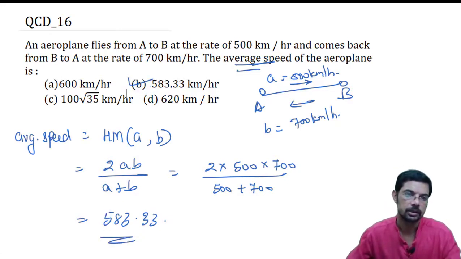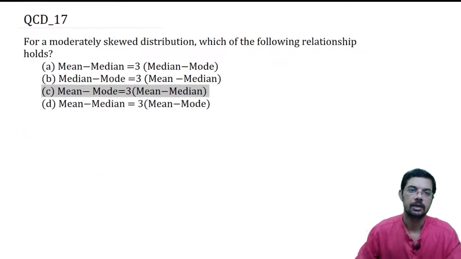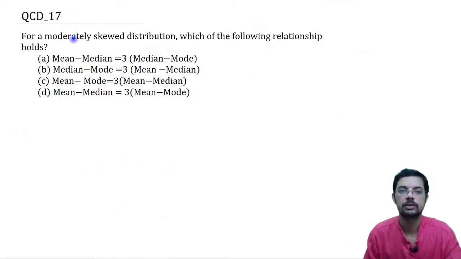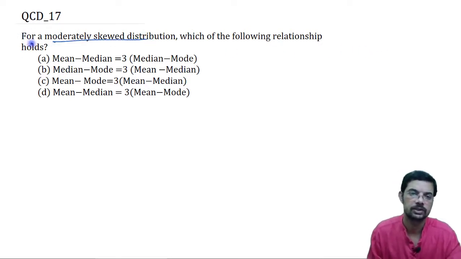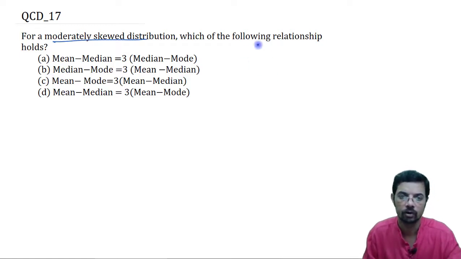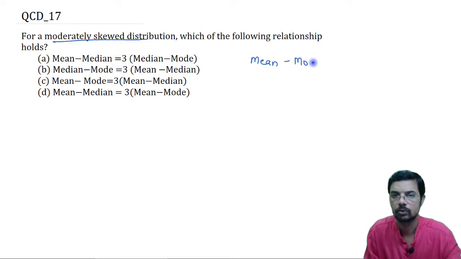Okay, next question, question number 17. For a moderately skewed distribution, which of the following relationships holds? We already know the formula that mean minus mode is equal to 3 into mean minus median.